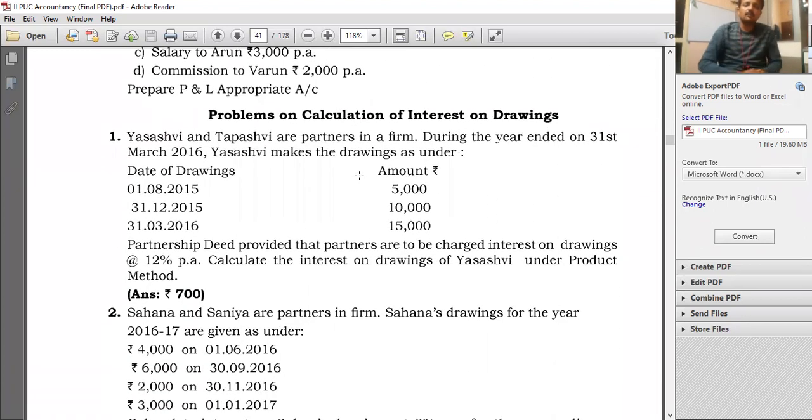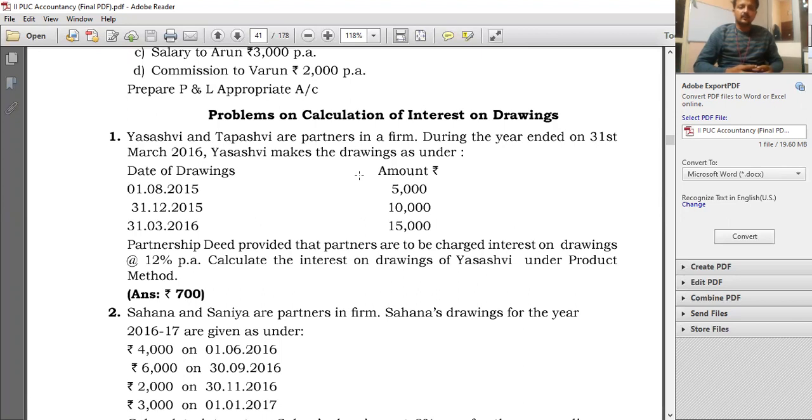Next is calculation of interest on drawings. See, when problems are given in this kind, it indicates that you need to use the product method. How can we calculate interest under the product method? First we need to make 4 columns, that is date of drawings, amount, outstanding months, and product.